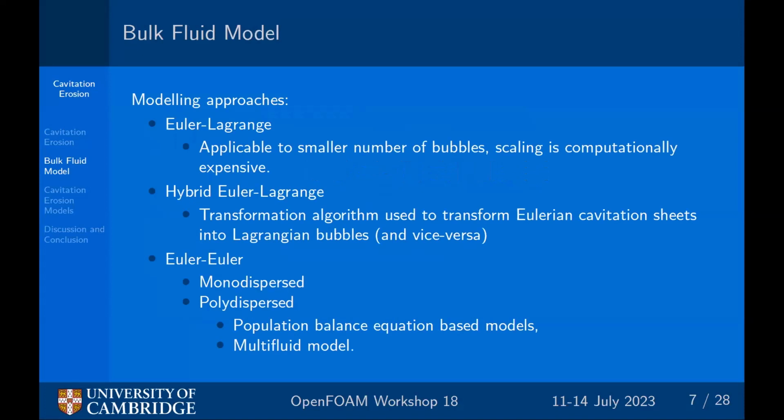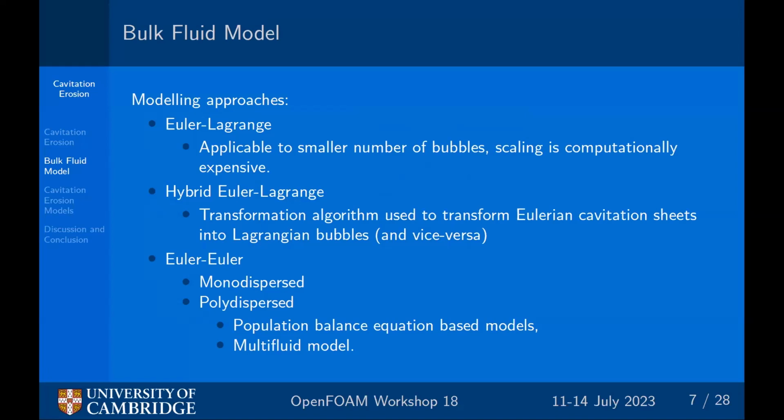Here, there are several modeling approaches that people have used. Ideally, we would like to use something like the Euler-Lagrange methods. However, it is extremely computationally expensive, especially if you look at something like 4-way coupling, and it's basically applicable to some validation cases or extremely simple geometries.